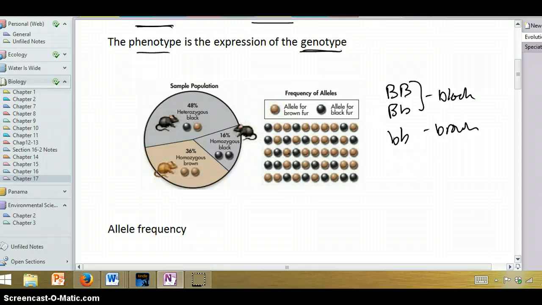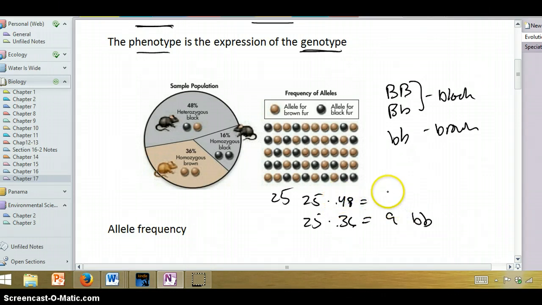Each individual has two alleles, so that means we have 25 individuals in the population. 36% of them are homozygous for the brown allele, so that's 25 times 0.36, which means that there are 9 individuals that are little b, little b. And of the 25, 48% of them are heterozygous, which equals 12 that are big B, little b.